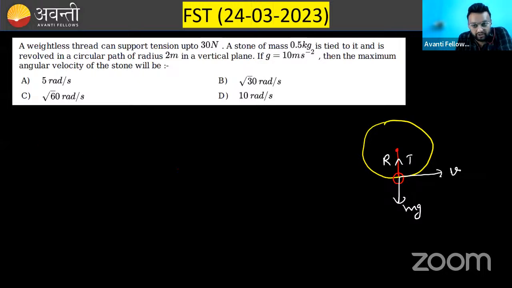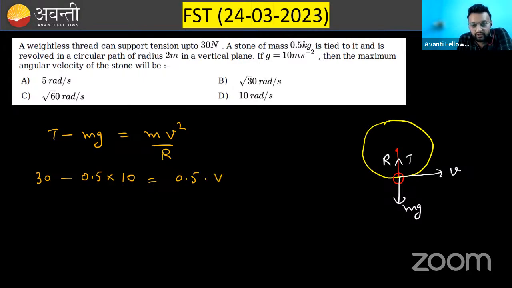So now you can write Newton's second law equation, that is T minus mg is equal to mv square by r. Is it clear? Okay, now place the values. T is maximum, 30, minus m is 0.5, g is given as 10, is equal to mass, again 0.5, into v square, which we don't know, divided by r.